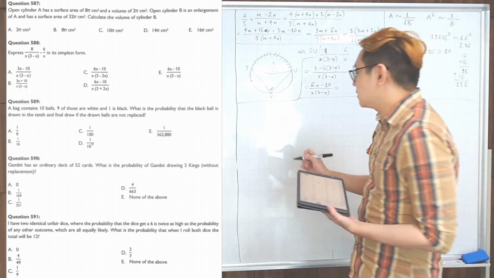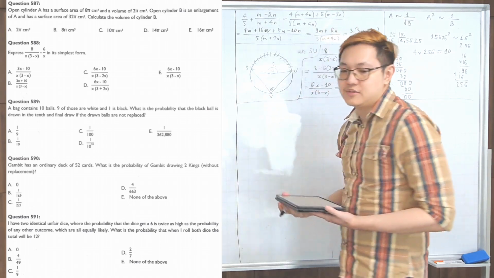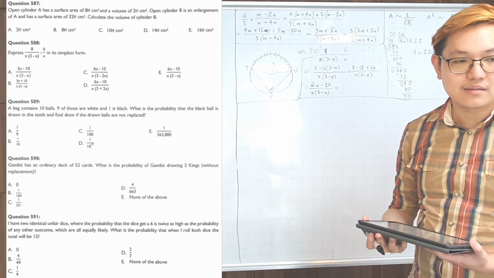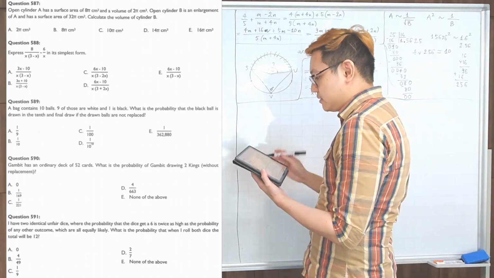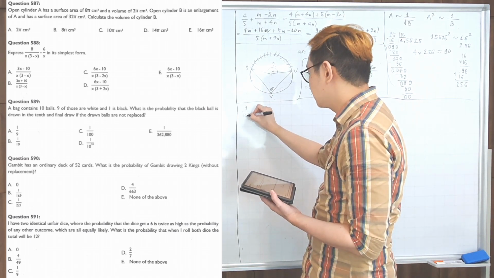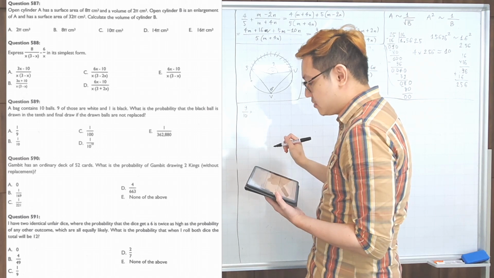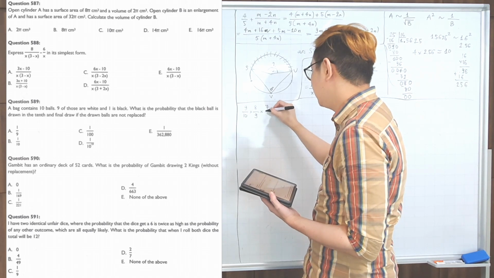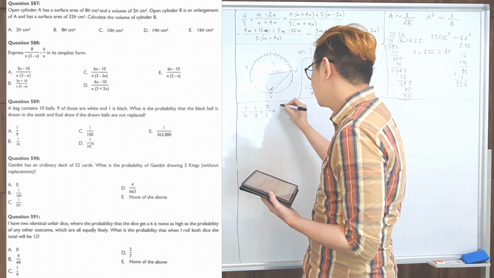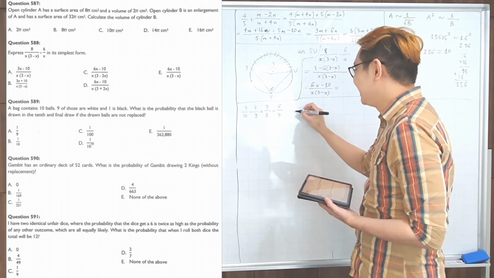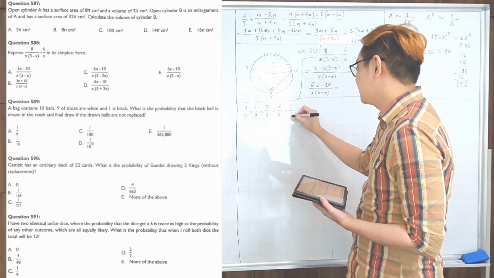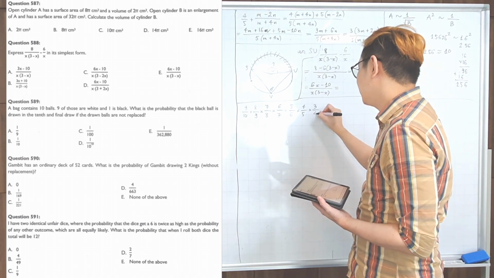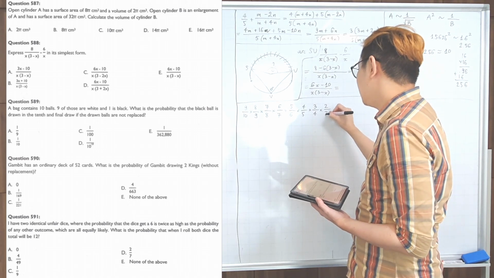So there has to be like 9 times that you draw white, and then 1 time you draw a black, isn't it? So the first time you draw a white, it should be 9 out of 10, right? The second time you draw a white should be 8 out of 9. And 7 out of 8. And 6 out of 7. And then 5 out of 6. 4 out of 5. 3 out of 4. 2 out of 3.